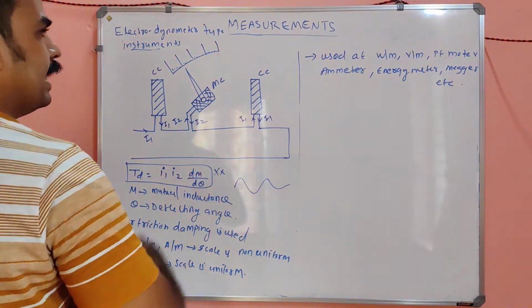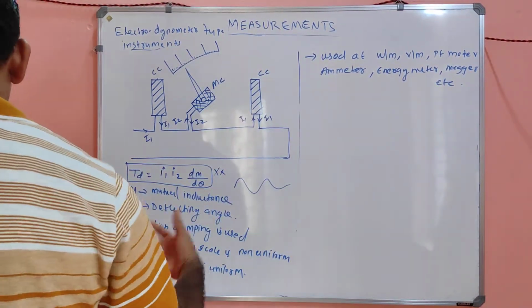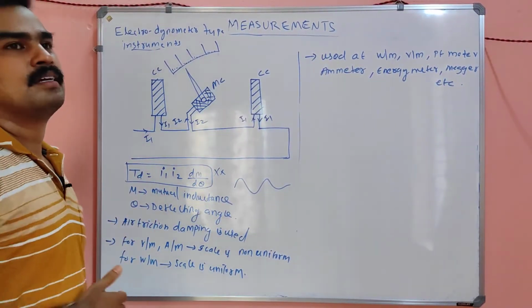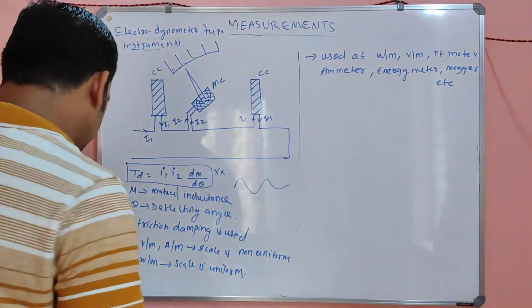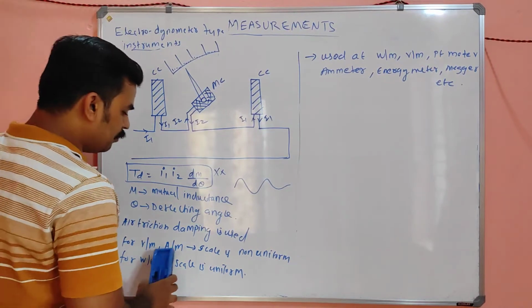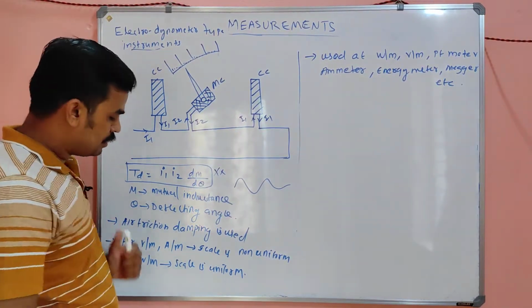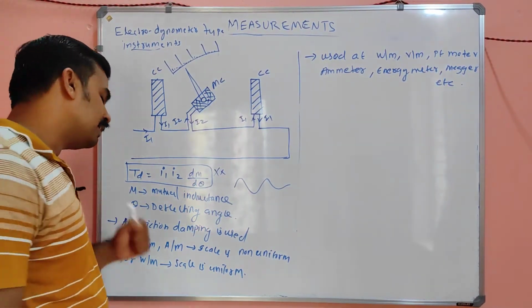This can be accommodated with anything. But the important thing is that for voltmeter and ammeter, the scale is non-uniform, but for wattmeter the scale is uniform. That only you have to remember.